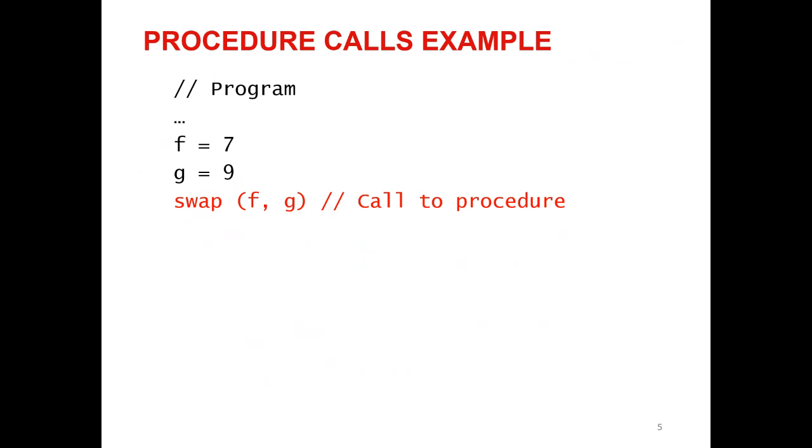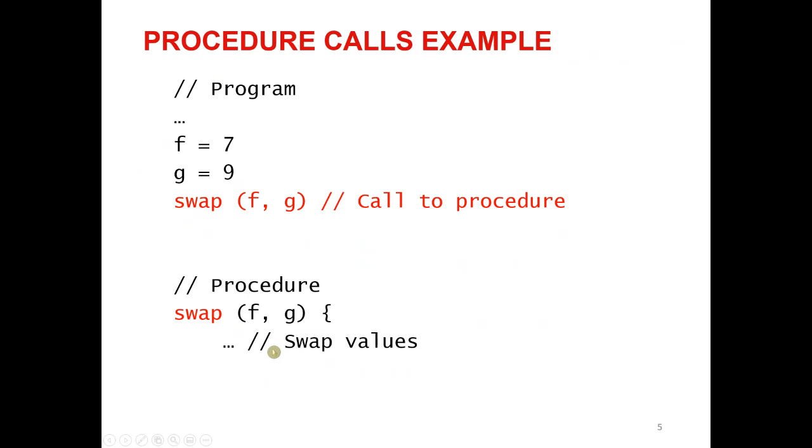The arguments for that call are F and G. At some point in my code, this function will be defined, and here you will do the things you want to do inside that function, and then you will return to where the call was done, and your program will continue from here.